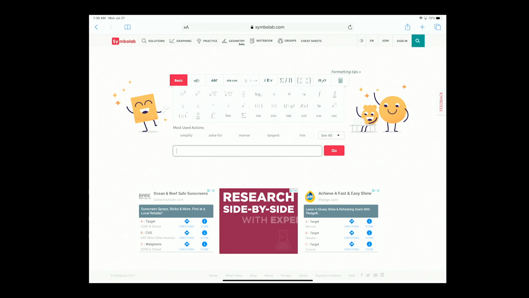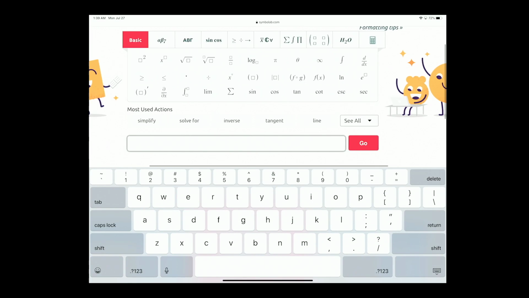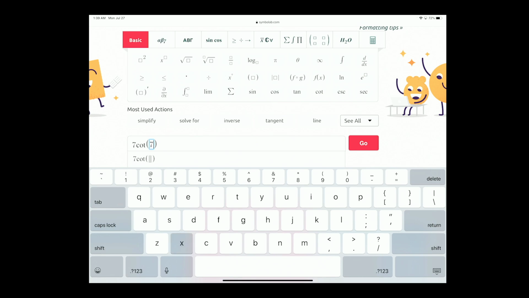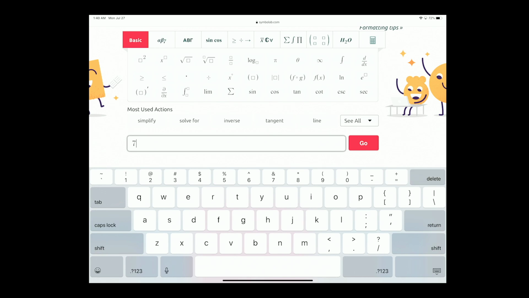What do we have? Let's see. 7 cotangent. Oh, right, I need a variable. I'll use x.